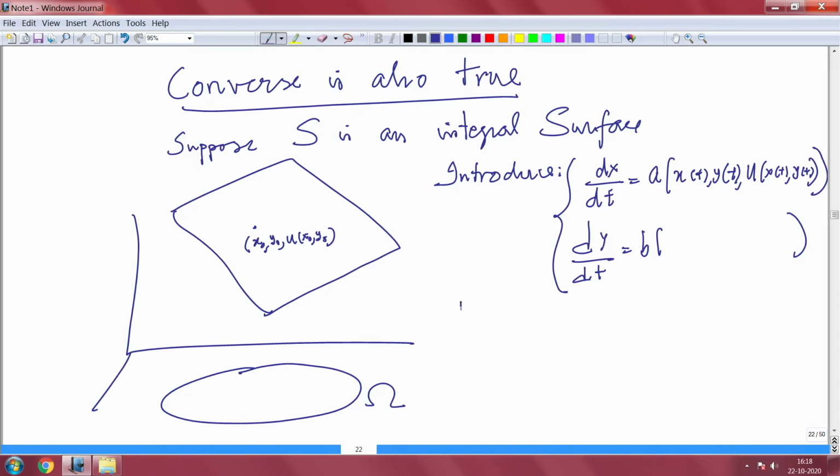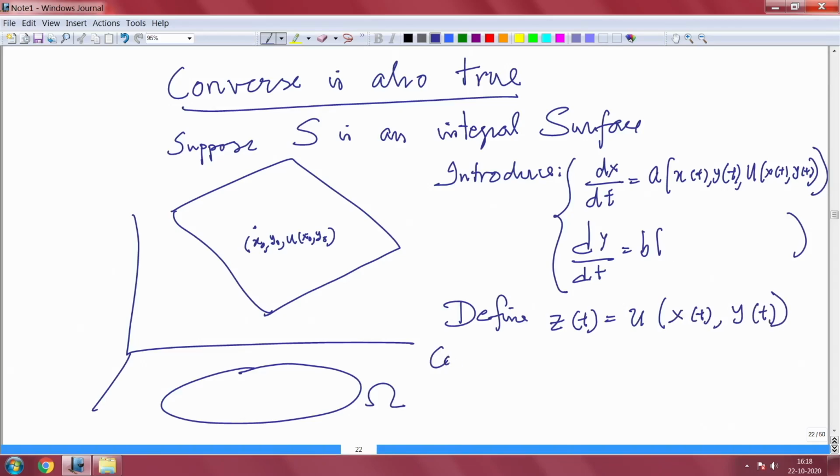Now you define the third part: z(t) is equal to u of x(t), y(t).